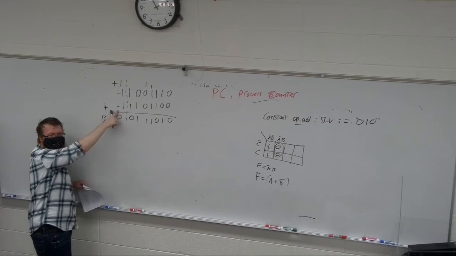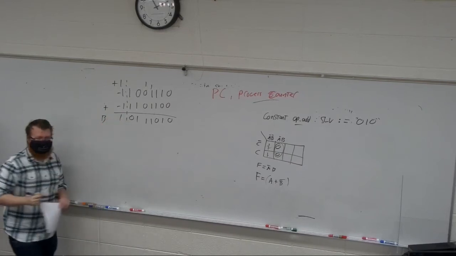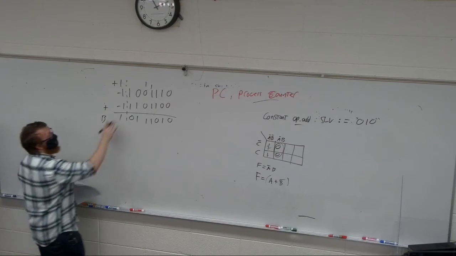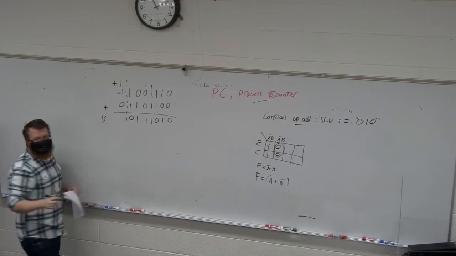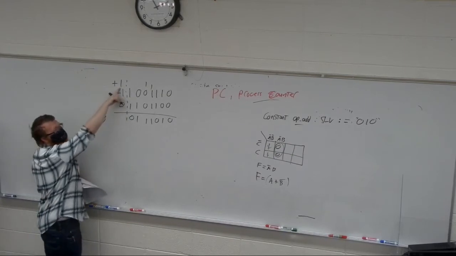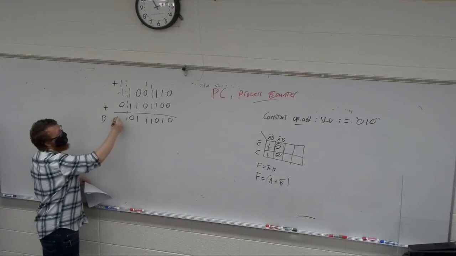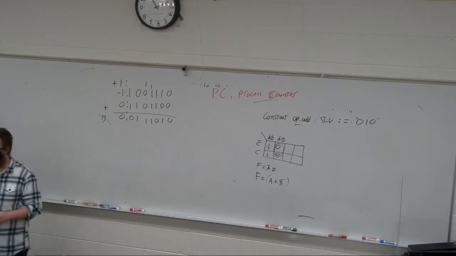I still need to borrow. So I still have a borrow, but I borrow less of it. So I get a 1. If I go even further, then this was a 0. This -1 gets canceled out by the borrowed over +1, and I just get 0 out over. Right?